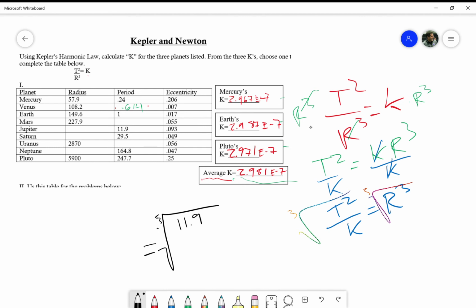We have to square that, divided by K, which is 2.981 times 10 to the negative 7. So in your calculator, if you have a TI, you'd hit math and then the number 4 to get your cube root in there.